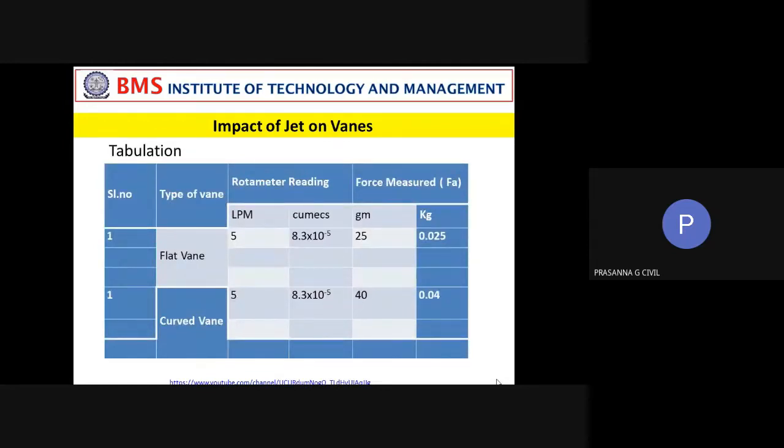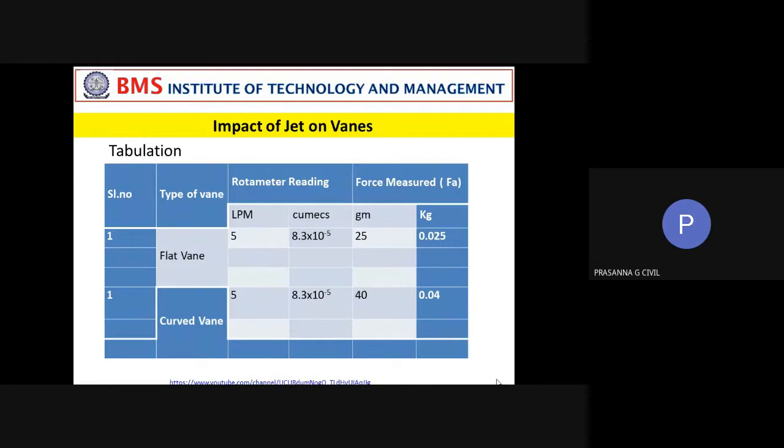These are the readings that will be taken on the equipment, where there is a rotameter which gives the discharge in liters per minute, which is 5, and which is converted into meter cube per second, 8.3 into 10 raised to minus 5 meter cube per second.